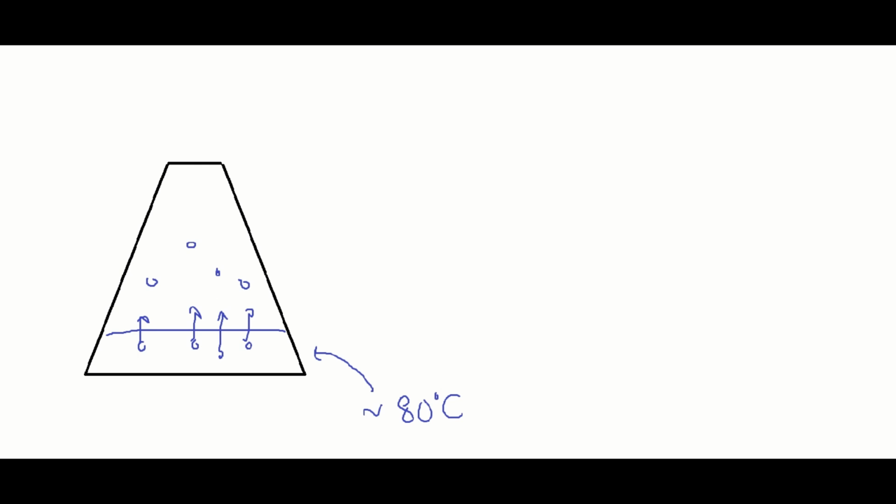Now water is not going to boil at 80 degrees Celsius because its vapor pressure is still less than the atmospheric pressure pushing down on it. So I'll draw 5 black dots to represent the external pressure above the liquid. So the air particles in the flask above the liquid water, let's say, is 1 atmosphere.